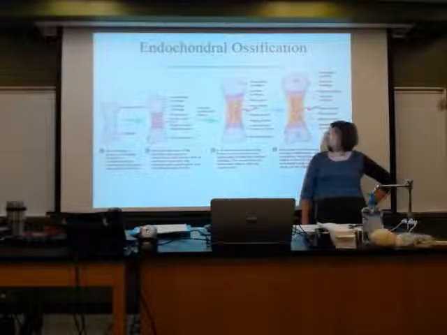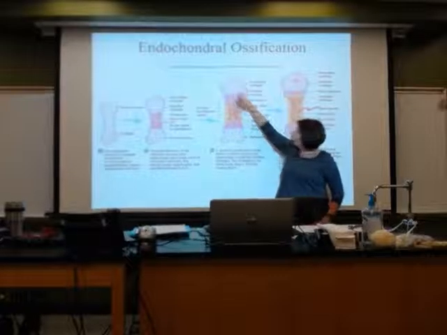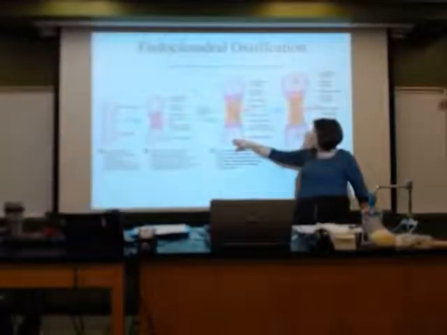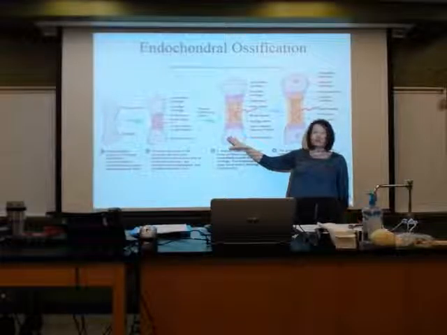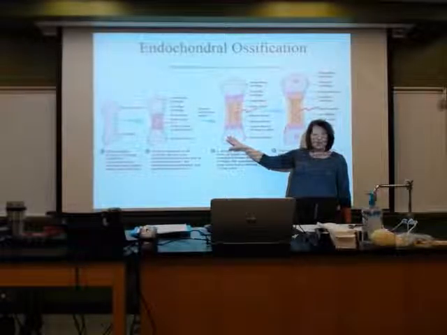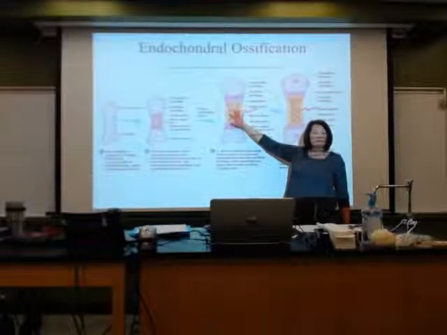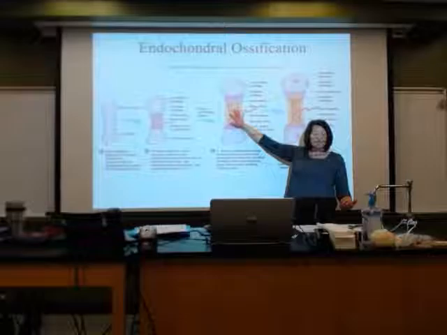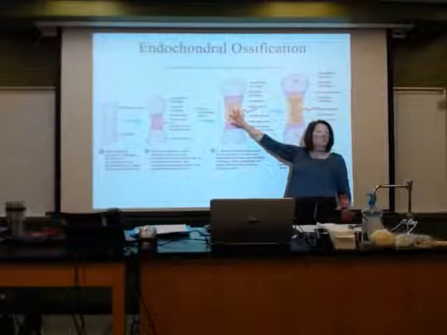Now, I'm still looking here at the ends of the bone, and the ends of the bone are still mostly cartilage. But I now have a primary ossification center that is present, that is hardening that cartilage.